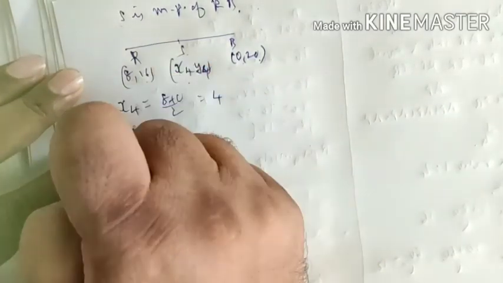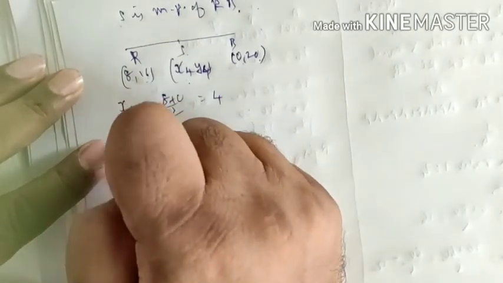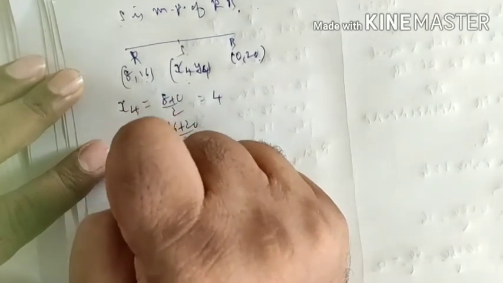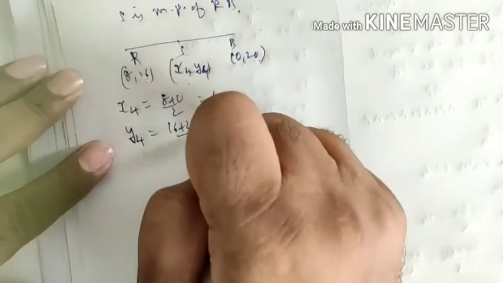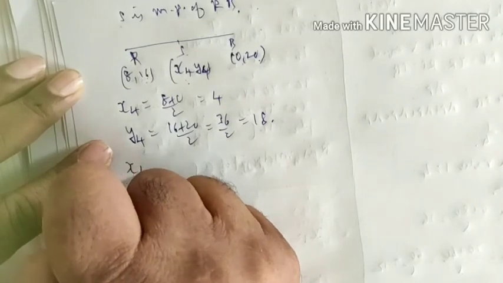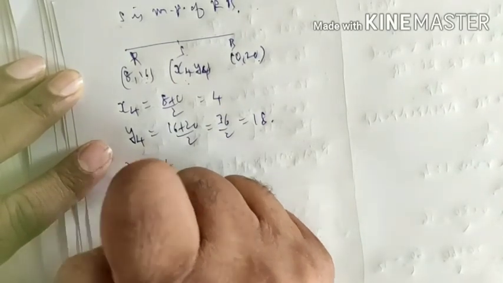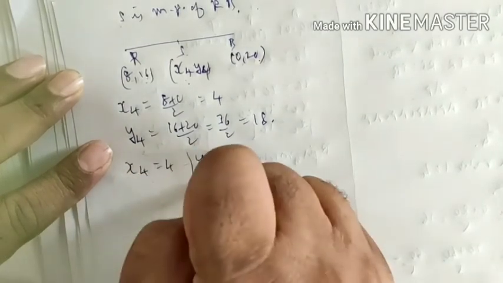And we get y4 is equal to how much? 16 plus 20 upon 2, means 36 upon 2. 36 upon 2 is how much? 18. So x4 is equal to 4 and y4 is equal to 18.